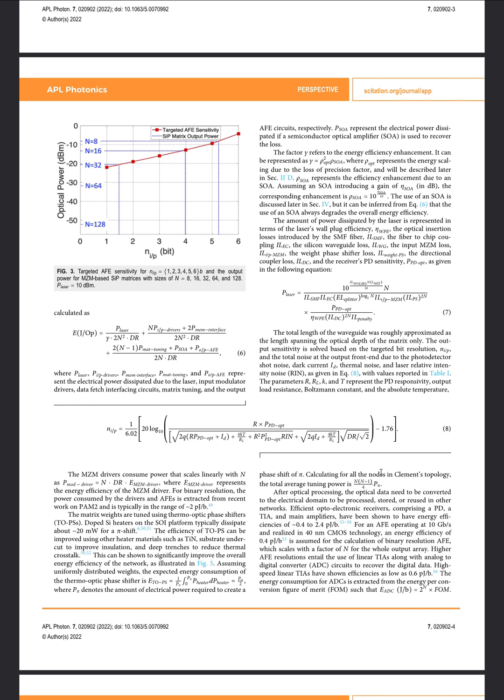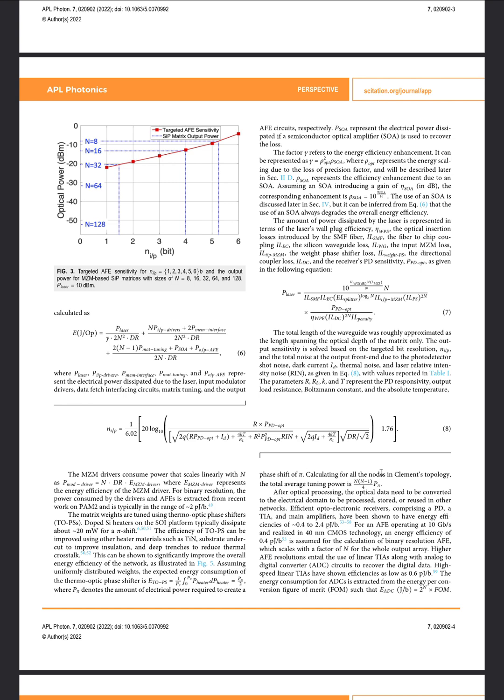Moving back to the document, the efficient optoelectronic receivers have efficiencies of 0.4 to 2.4 petajoules per bit. Higher analog front-end resolutions use linear transimpedance amplifiers along with analog to digital circuits to recover digital data. This is also what semiconductor optical amplifiers are for, recovering digital data as the light intensity decreases through modulation, phase shifting, and whatnot.